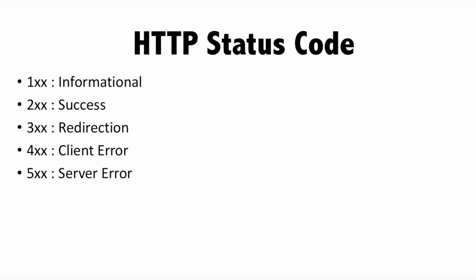For HTTP, there are also status codes that come back. There are 5 classes of them: 100, 200, 300, 400, and 500. The 100 class is informational. This status code indicates a provisional response consisting only of the status line and optional headers, terminated by an empty line.